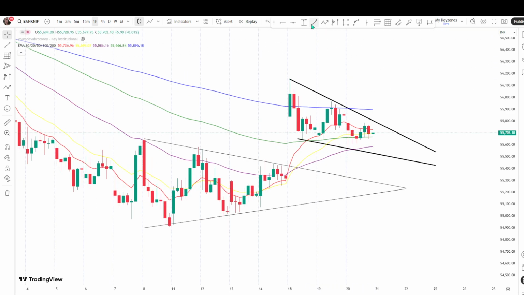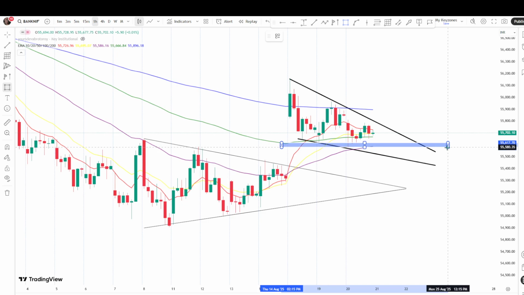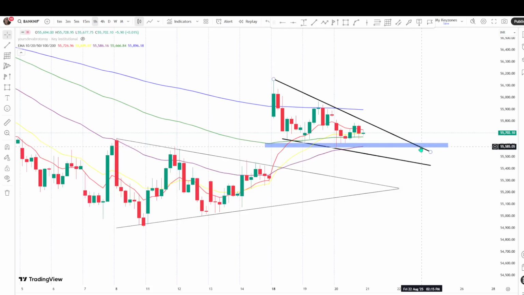I'm not bearish either, unless and until 55,500 support is taken out.